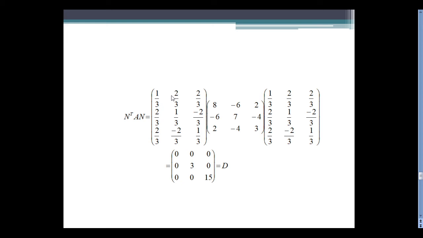N transpose means converting rows into columns and columns into rows, and we will get the N transpose. This is the A matrix and this is the N matrix. First find out what is AN, then multiply with N transpose. Finally we get the matrix with 0s everywhere except the diagonal values 0, 3, 15, which are nothing but the eigenvalues, which is D.